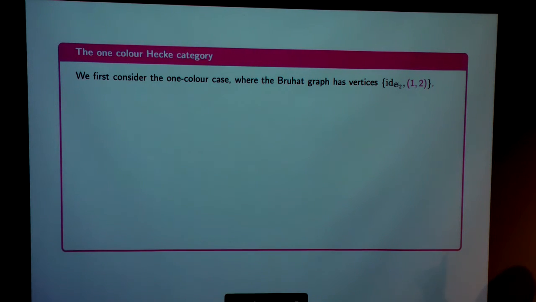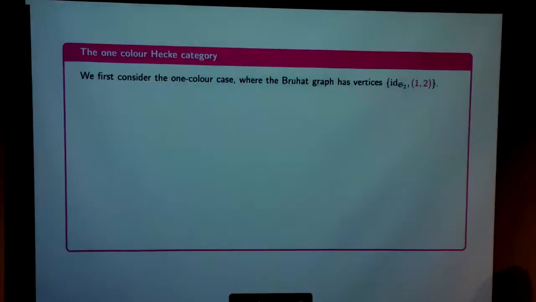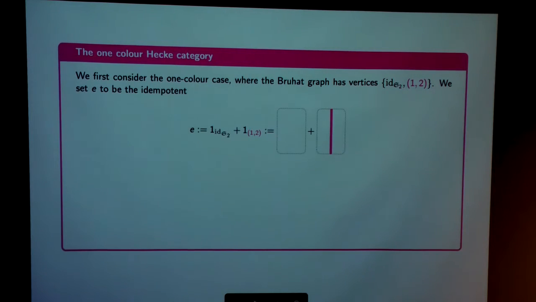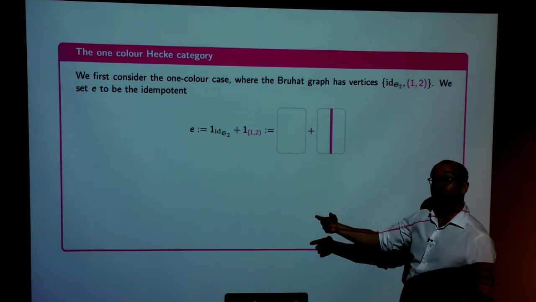Now I'm going to tell you how to multiply. Oh, no, I'm not. I'm going to show you the basis in a particular case. So why don't we do the stupidest possible case? We're going to do the symmetric group on 2 letters. Here's just the identity of S2 and the element (1 2). If you don't know that, you're probably not going to get anything from this talk anyway. So the idempotent, which is going to be the identity of this algebra, is labeled by the points in the graph.